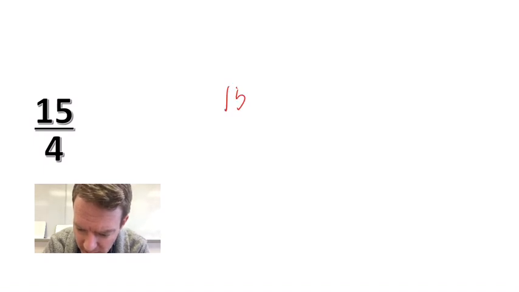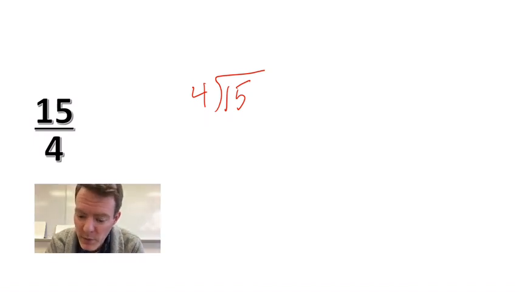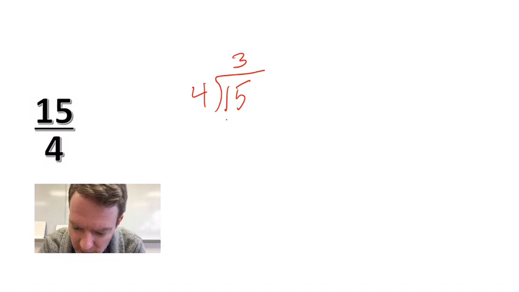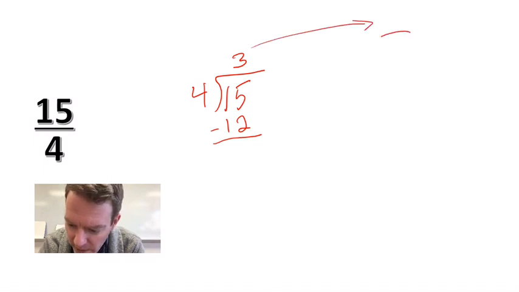Now, when you were in elementary school, you were taught to do this by dividing 15 by 4, asking yourself how many times does 4 go into 15. It goes in 3 times, because 3 times 4 is 12. So 3 would be the whole number. Now when I subtract 15 minus 12, then I would get 3.